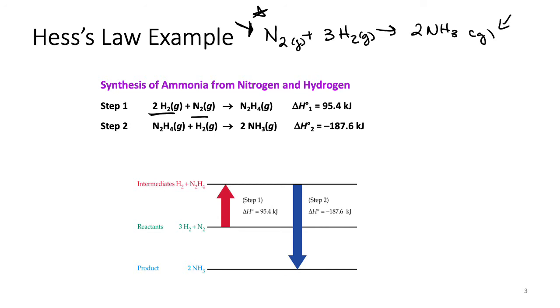So we go ahead and keep that one as it is. In the second step, I have N2H4, which is not a thing that I actually need. But I also have ammonia, and I have 2 equivalents of ammonia as I should. If you look at the equation on the top of the page, you should have 2 moles of ammonia.